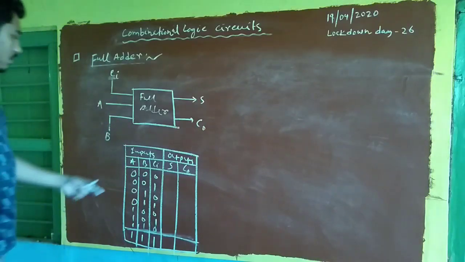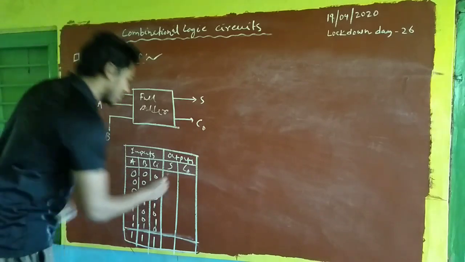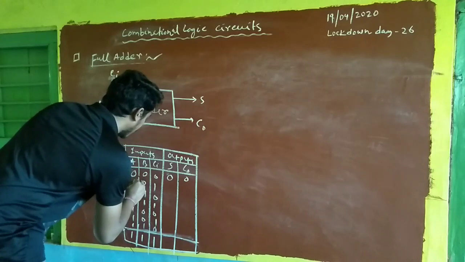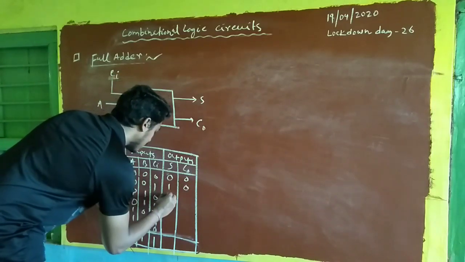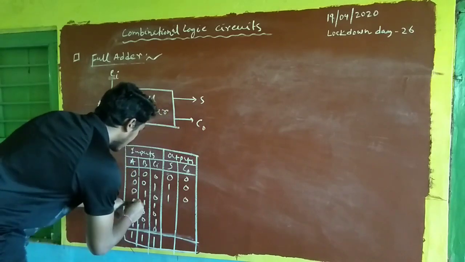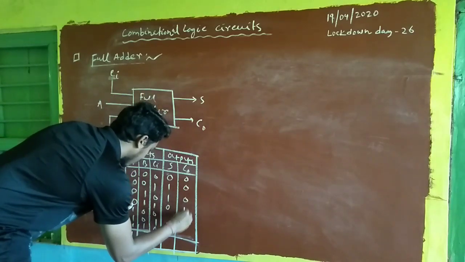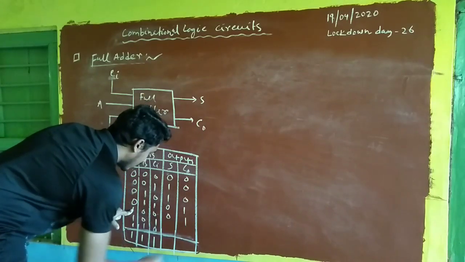Okay. Now summation of A plus B plus C, that is 0 plus 0 plus 0, that is 0, and the carry output is also 0. Now 0 plus 0 plus 1, that is 1, carry output is 0. 0 plus 1 plus 0, 1, carry output is 0. 0 plus 1 plus 1, summation is 0, carry output is 1. 1 plus 0 plus 0, that is 1, carry output is 0.